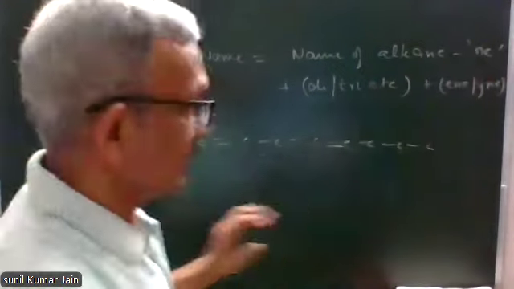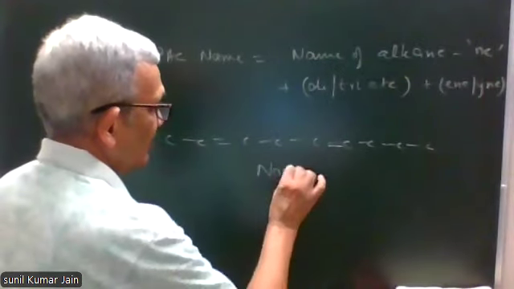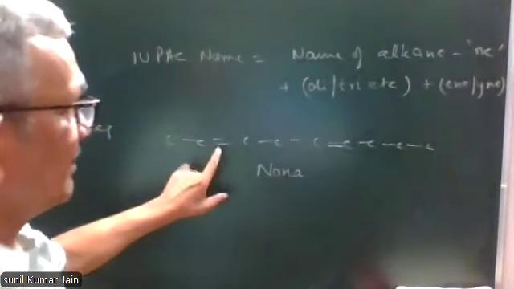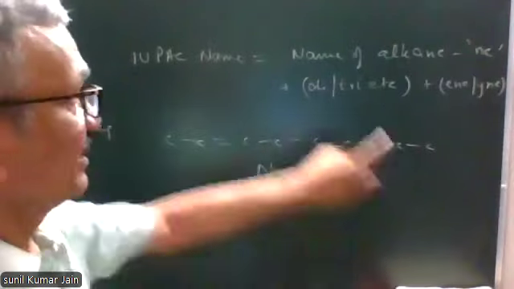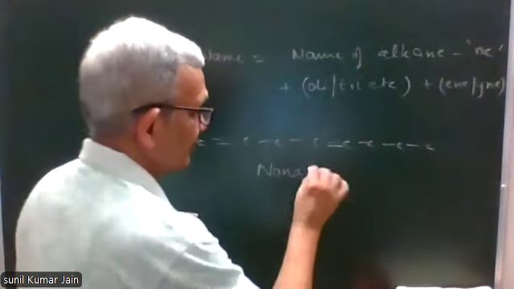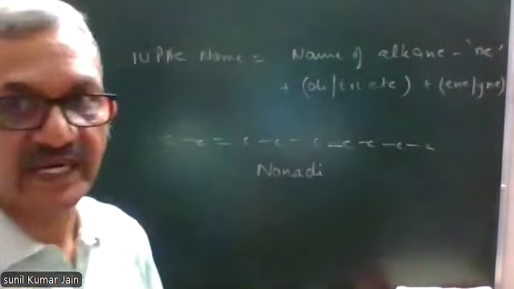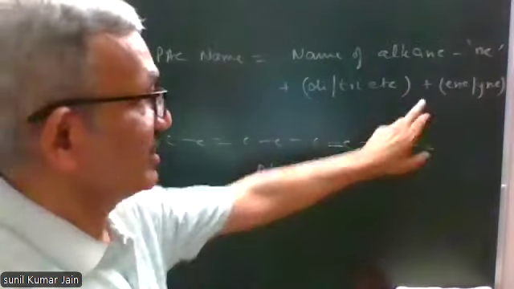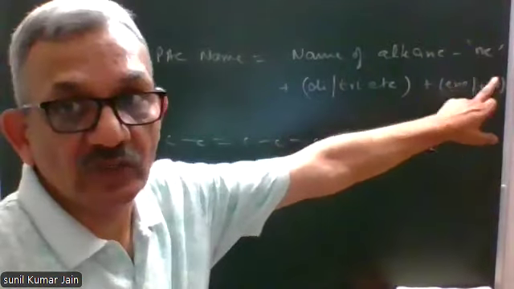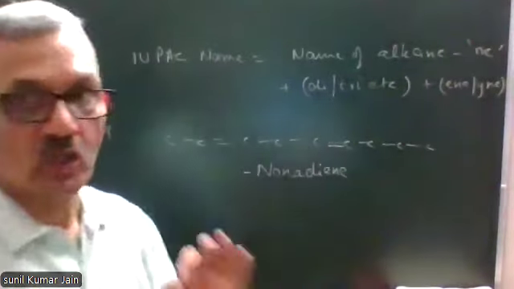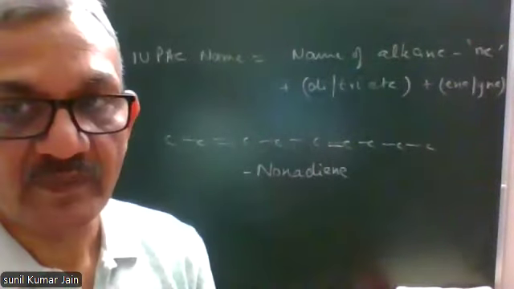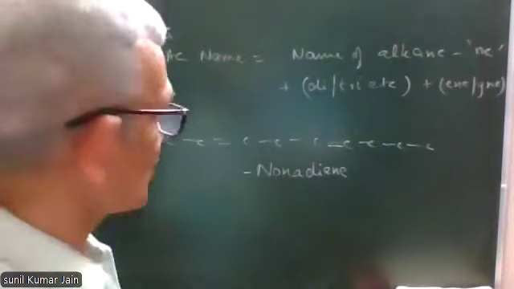It becomes nona. N-O-N-A. Double bonds are 1, 2, only 2 double bonds. Therefore, we'll use di. Nona di. These are double bonds. Therefore, we use ene. Will not use yne. Nona diene.